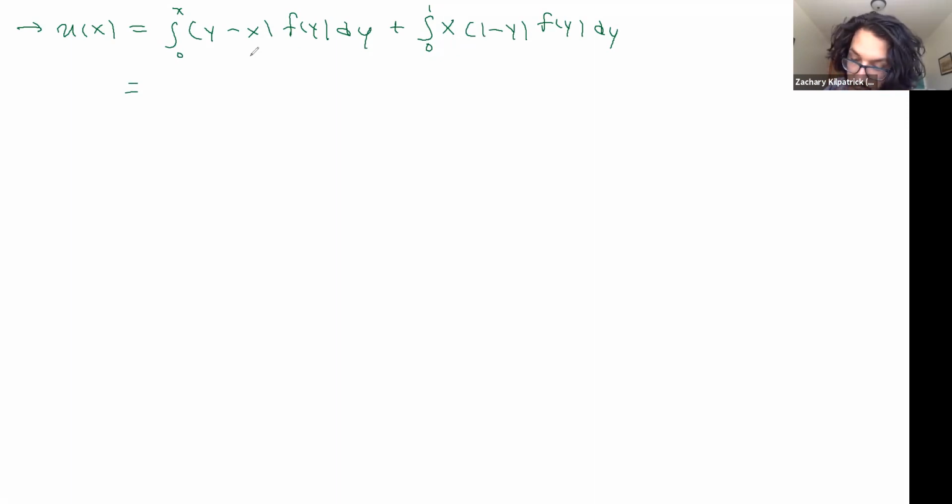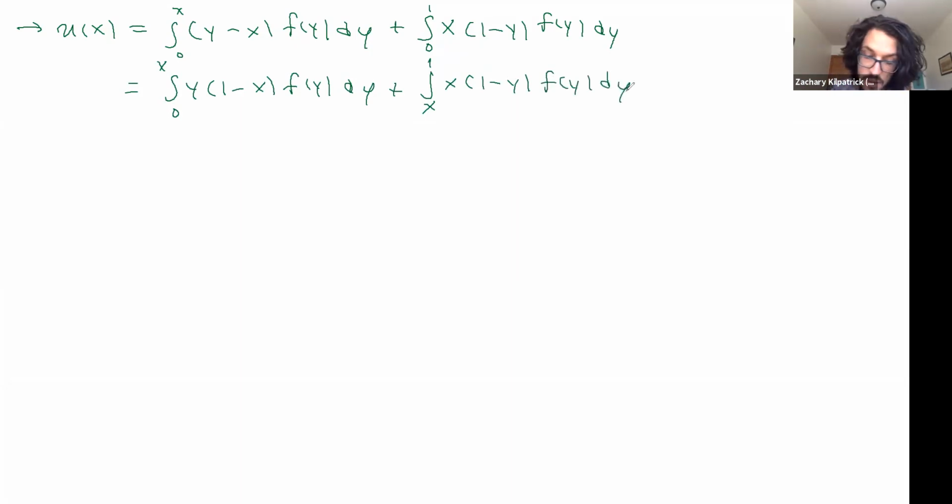So that means I'm going to have just a y part, and then a yx part, but the just x parts are going to cancel. So I get the integral from 0 to x of y times (1 minus x) f of y dy plus the integral from x up to 1 of x times (1 minus y) f of y dy.